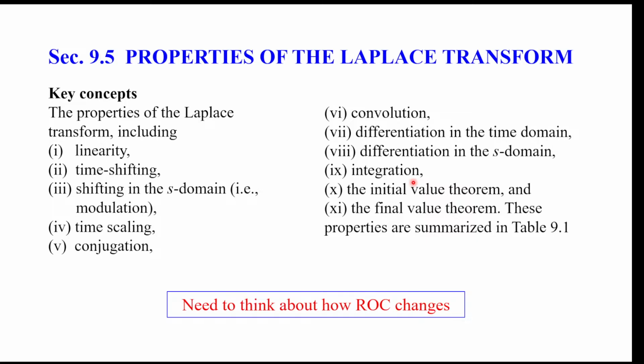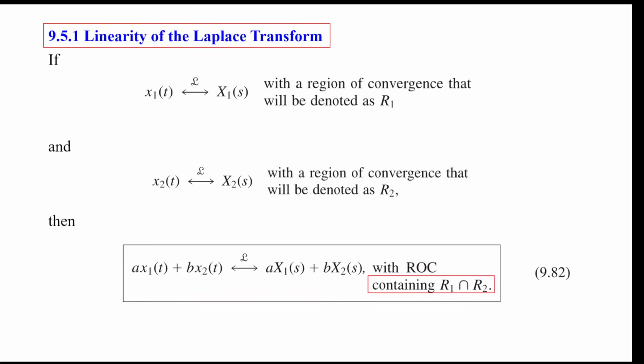But just like everything we talk about in the Laplace transform, now we need to think about the part that's different from the Fourier transform. We see that at the very beginning with this simplest example, where we have this difference in ROC we need to think about.